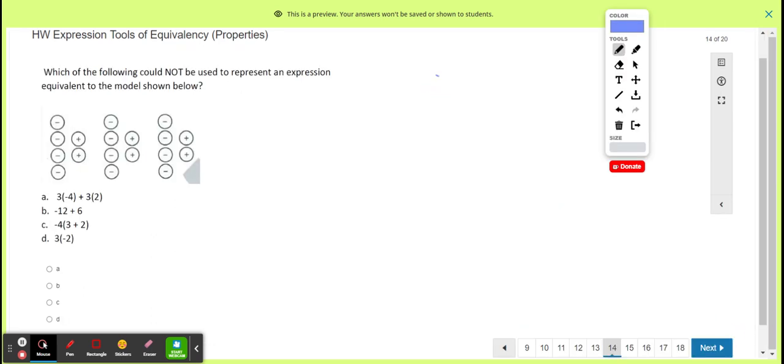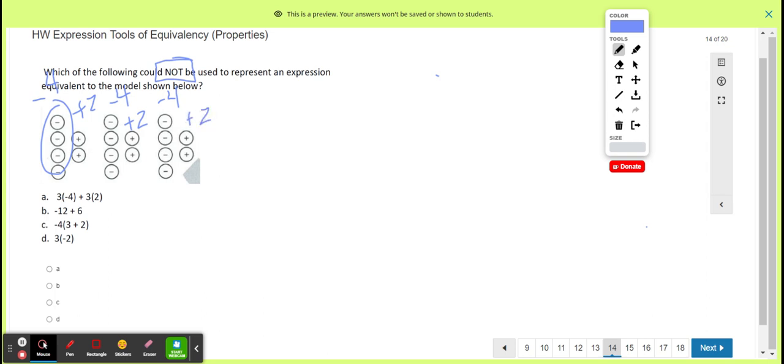Okay, number 14. Which one of these could not be used to represent the situation? So we take a look at above, we have 4 negatives, 2 positives, 4 negatives, 2 positives, 4 negatives, and 2 positives.